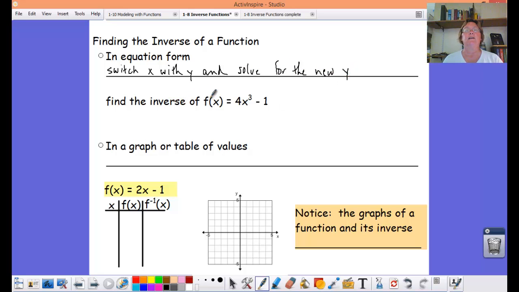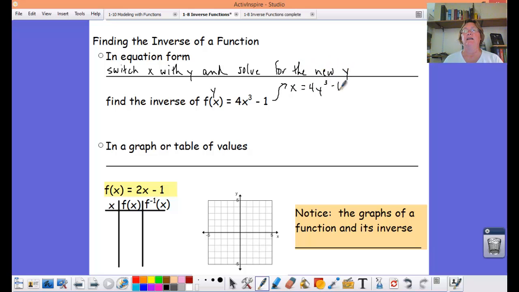So if I were going to apply that here, remembering that f of x stands for y, here comes my work. I switch x and y, so it's going to say x is equal to 4y cubed minus 1. I solve for the new y.